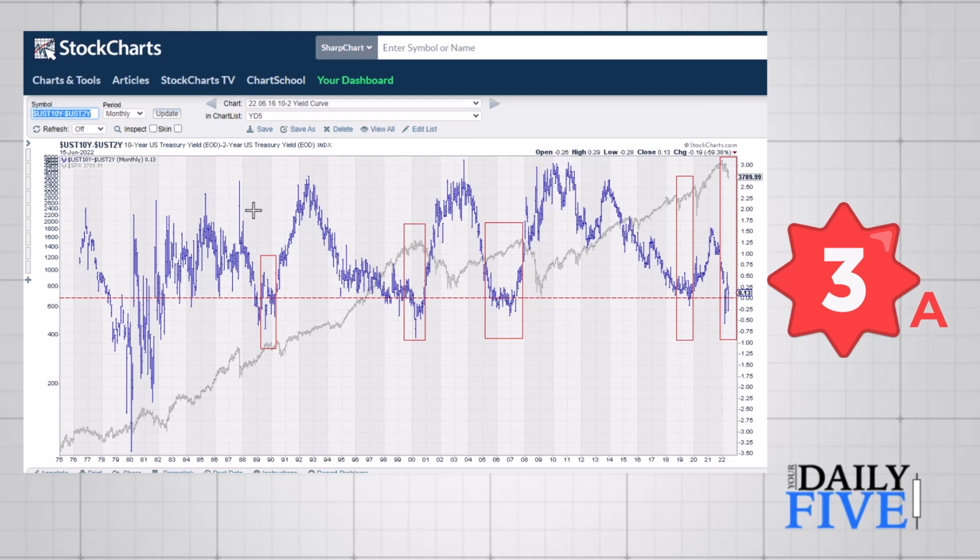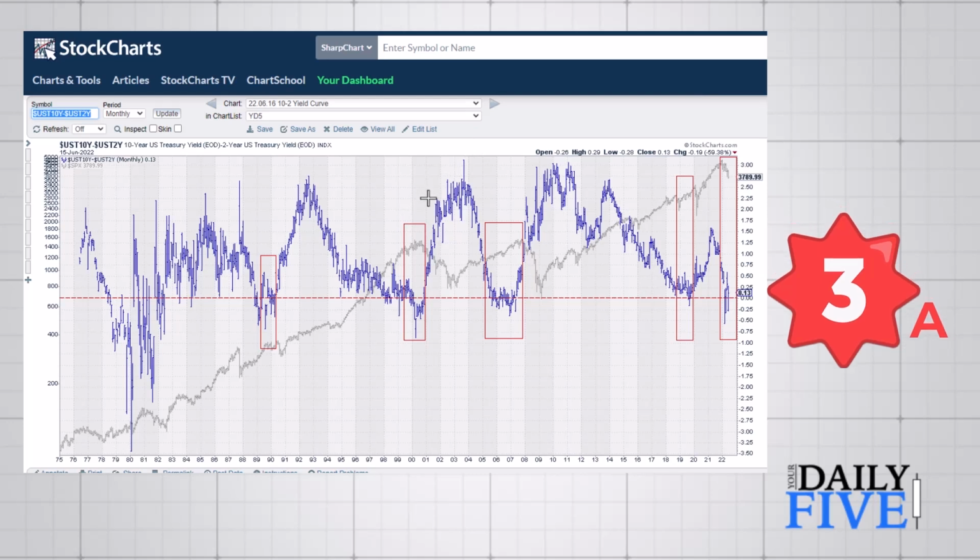I have highlighted a few of those events in the past, and you can see that every time the market goes through a more or less significant decline for quite some time. So that's what we're seeing right now, and I believe that we need a little bit more downside to respect that yield curve inversion and potentially the recession that we're going into.